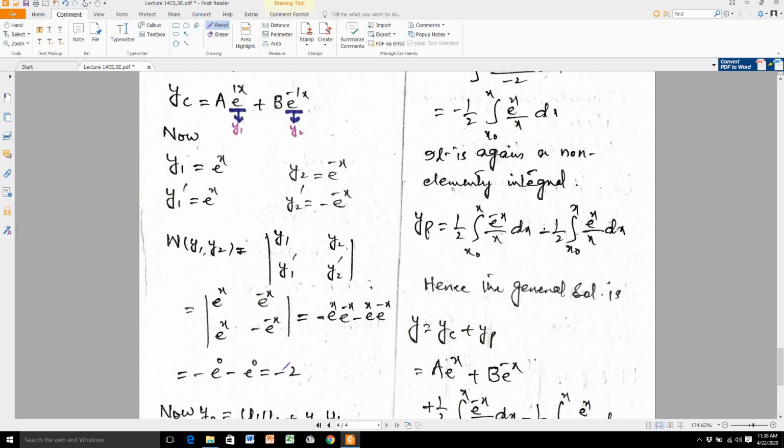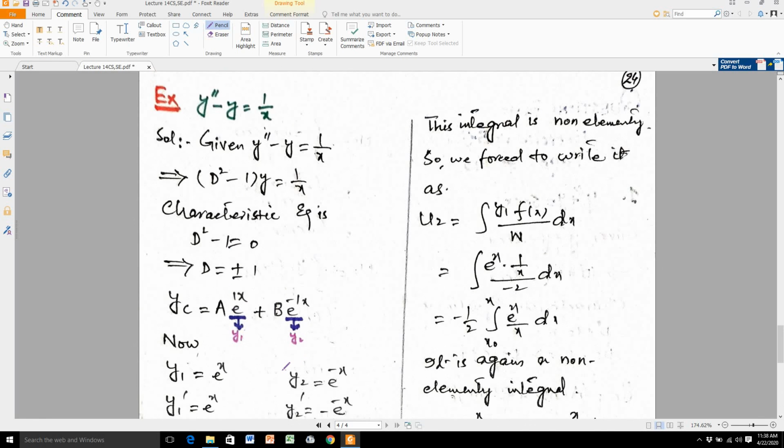So I am writing here, you see, this integral is non-elementary, so we are forced to write it this way. That is the reason. Non-elementary integrals are those whose antiderivative cannot be expressed in elementary functions, so we are forced to write it this way.